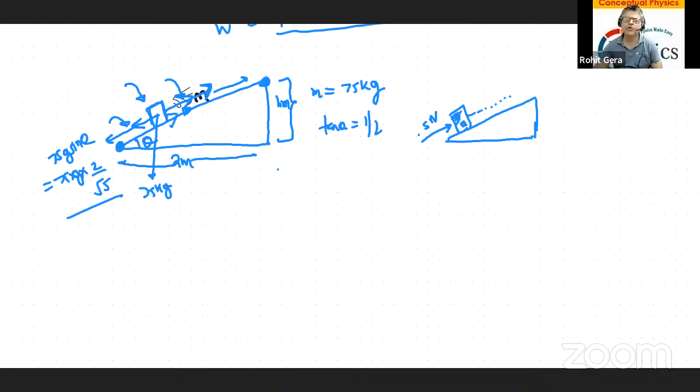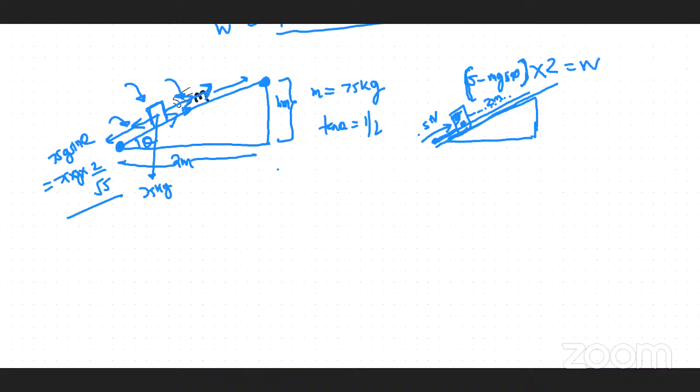If I take the same coordinate system, mg sin theta also comes in, and I subtract to get 5 minus mg sin theta, that is the net force acting upwards, and the displacement is also in this direction, maybe 2 meters. Then the net force in the new rectangular component multiplied by the displacement will give you the work done. Got it? It depends on the situation.